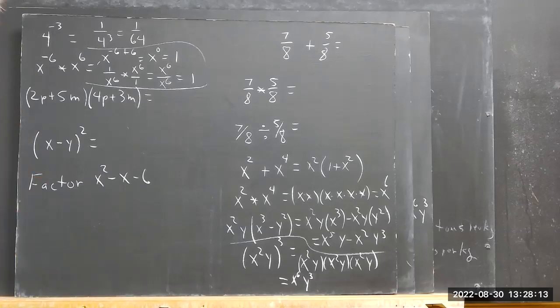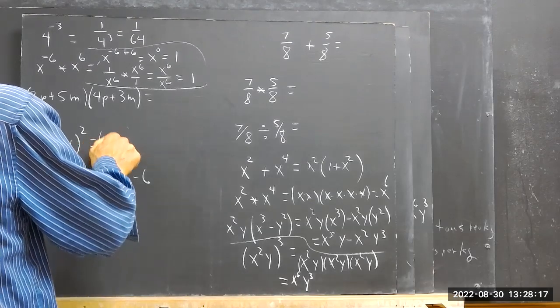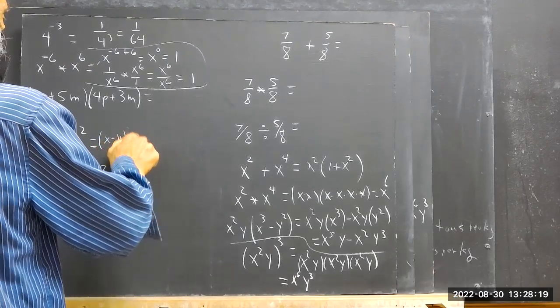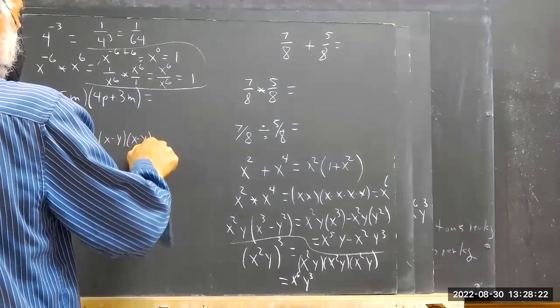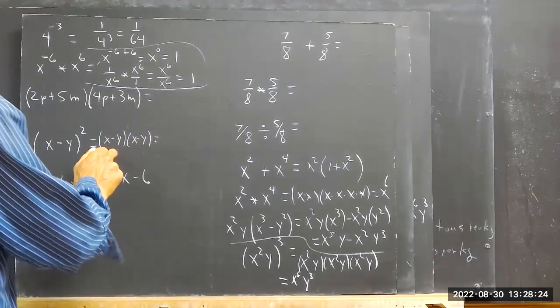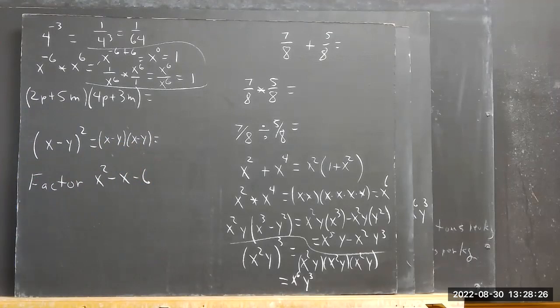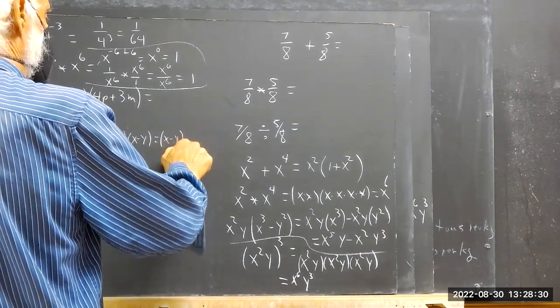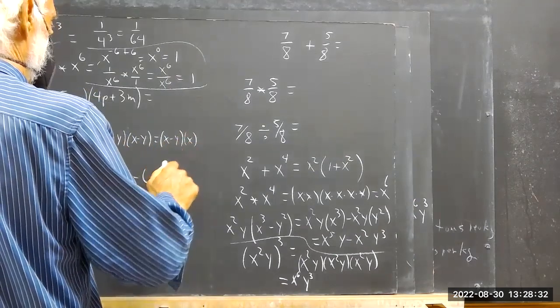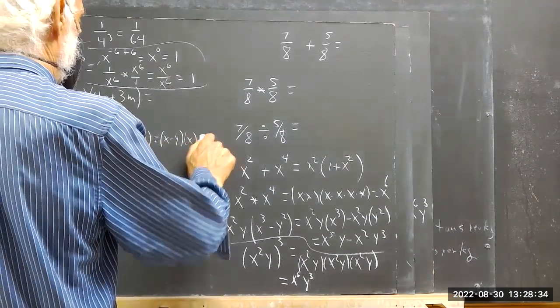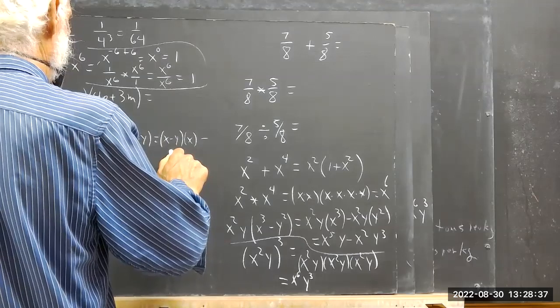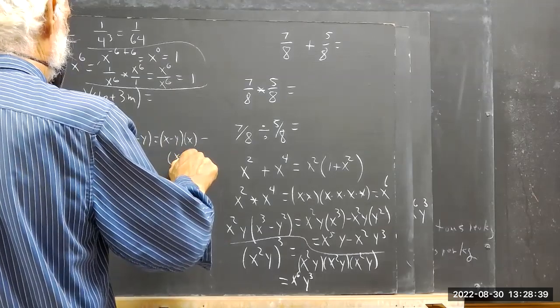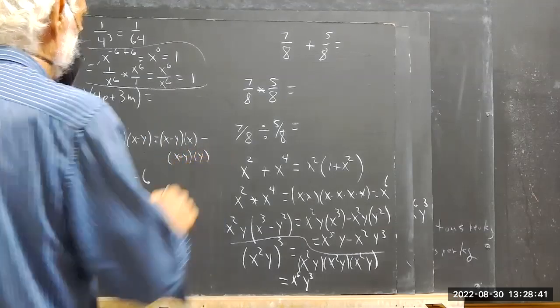Don't have room to write it out, so I'm not going to. You have to know the distributive law, but I use it here. x minus y times x minus y is x minus y times x minus x minus y times y.